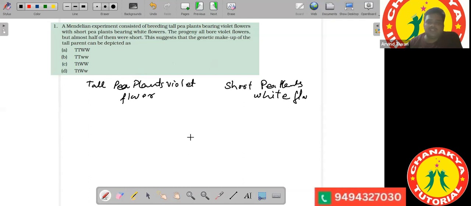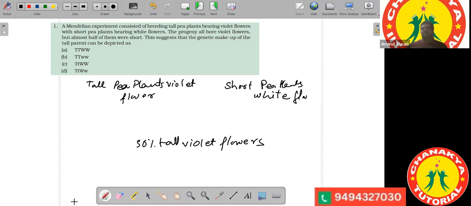The first generation which you obtain here bears violet flowers, and half of them are tall, 50% tall. I'm giving you just 2 to 3 minutes.